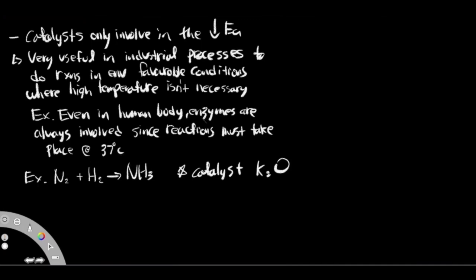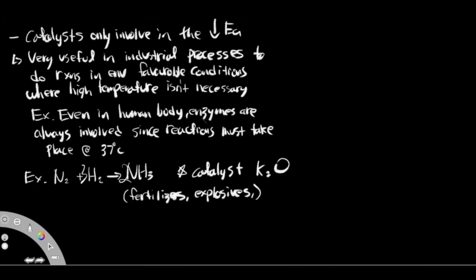Obviously we have to balance this out appropriately, so just quickly balance it. There we go. Why this ammonia is very important is because fertilizers or explosives require this. Okay, so this is why this is extremely important.